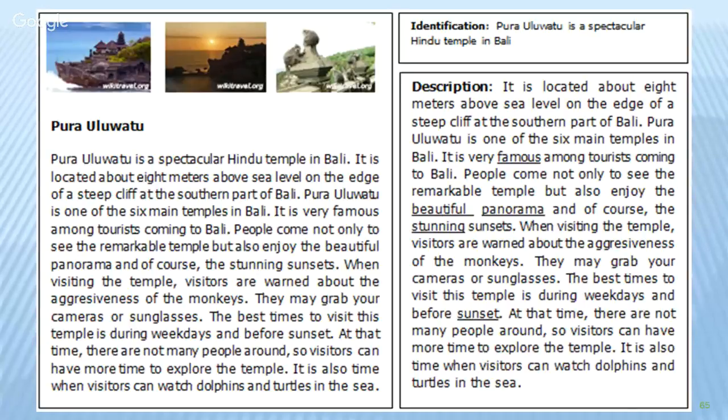When visiting the temple, visitors are warned about the aggressiveness of the monkeys. They may grab your cameras or sunglasses. The best times to visit this temple is during weekdays and before sunset. At that time, there are not many people around, so visitors can have more time to explore the temple. It is also time when visitors can watch dolphins and turtles in the sea.